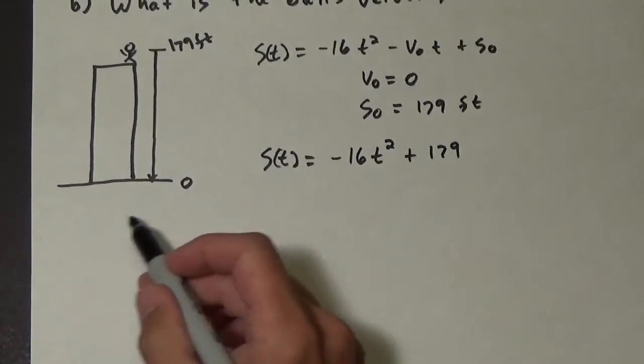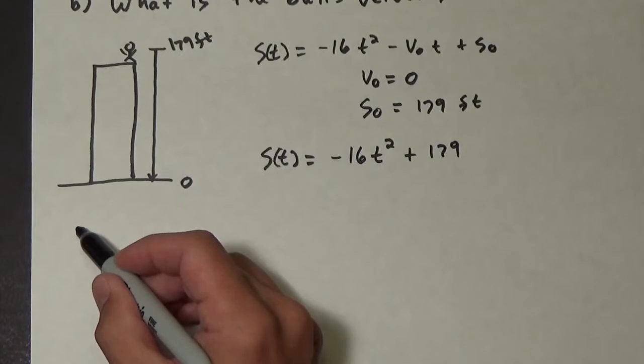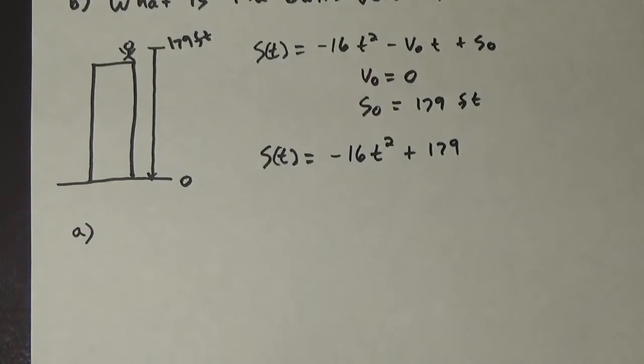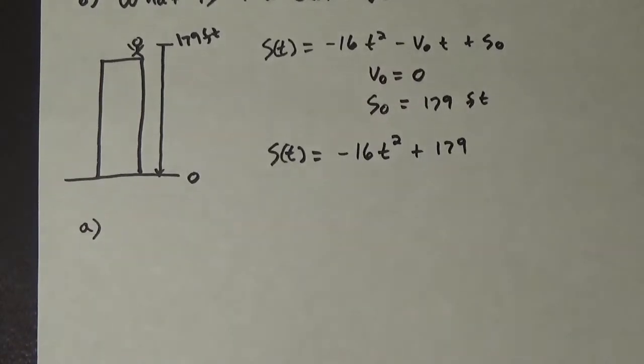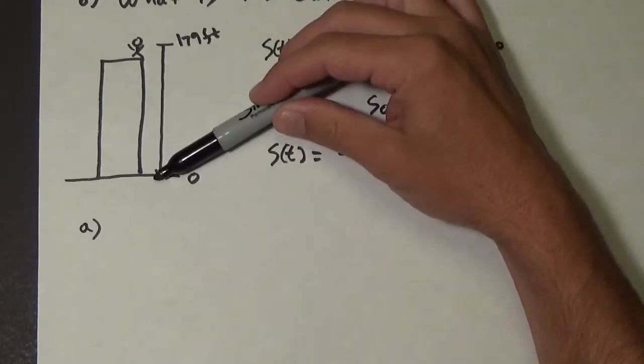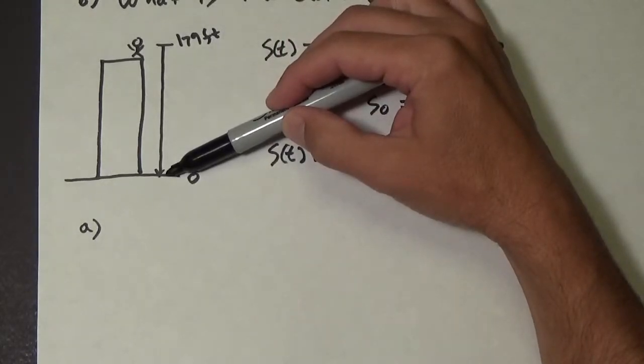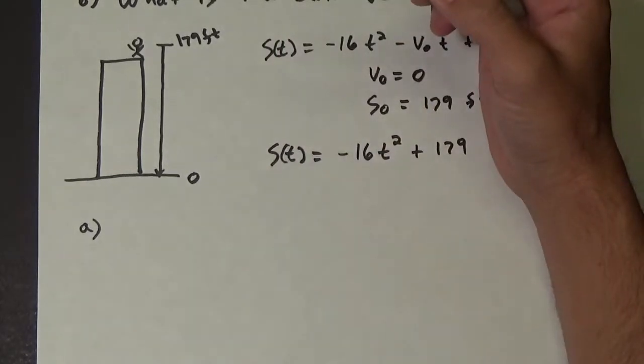Okay, so let's see here. At A, how long will it take the ball to hit the ground? So we drop the ball, when will it hit? For this model, our position would be 0 when it hits the ground.